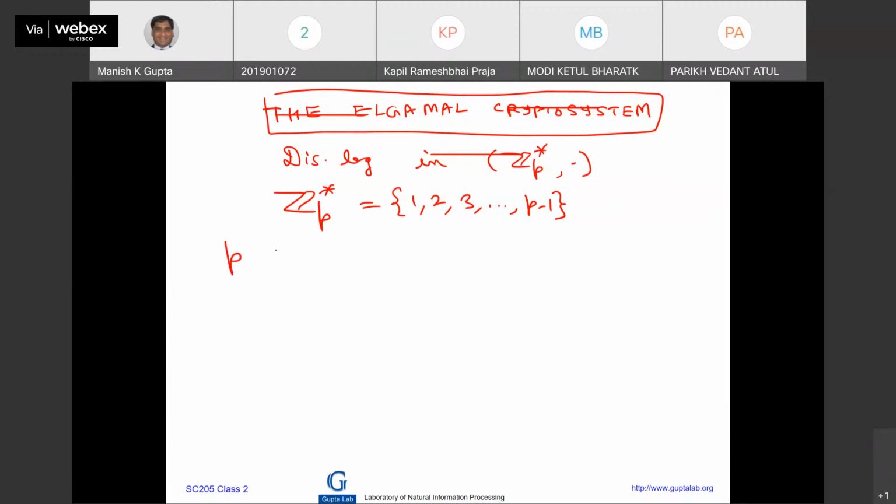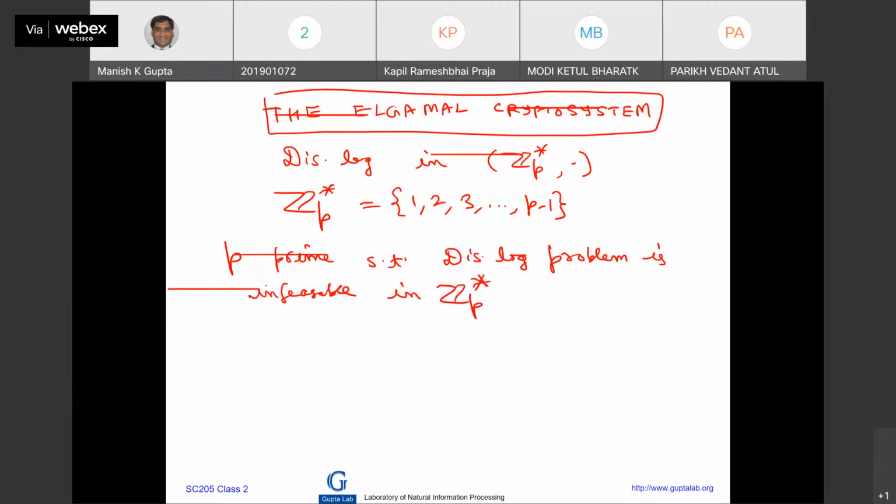Suppose p is a prime such that the discrete log problem is infeasible in Zp star. This assumption is very important.